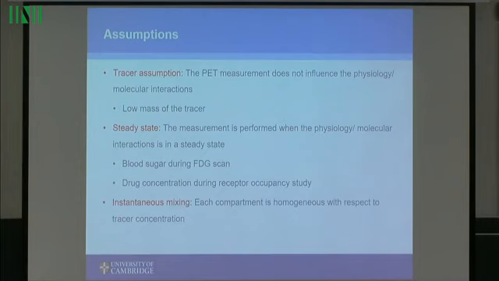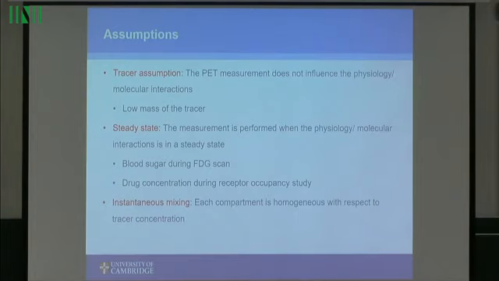One is that what we inject is in trace amounts, so tracer amounts approaching zero. Therefore, why I mentioned this importance of specific activity before, the mass of the compound that we inject should be as low as possible. Steady state, so during the scan nothing should change.